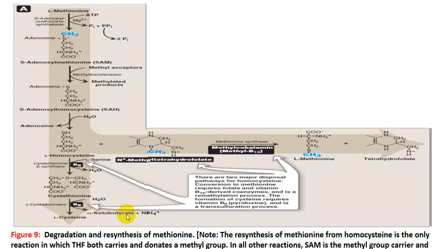Alpha-ketobutyrate is decarboxylated to form propionyl coenzyme A and then converted to succinyl coenzyme A. Methionine can be resynthesized from homocysteine, and this reaction requires methyltetrahydrofolate as the methyl group donor to give methionine and tetrahydrofolate.